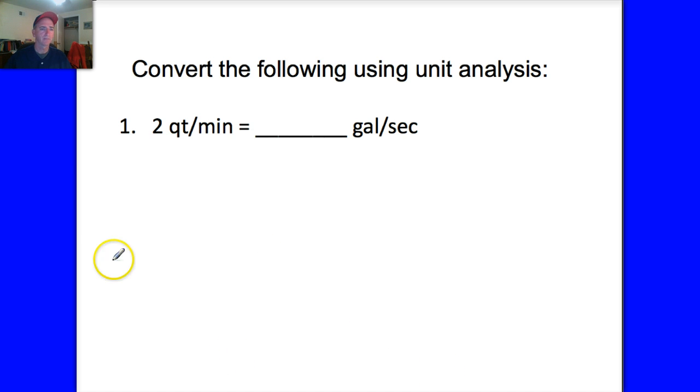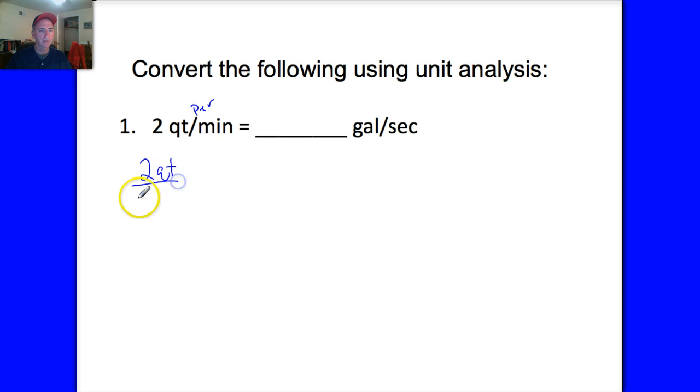Okay, well, we're going to use the same idea of what we did today in class and in the last video. And if you missed that, you need to go watch the last video about unit analysis and how we use the unit labels to solve and make a conversion. So we're going to start out the exact same way we did before. We're going to put 2 quarts. Now this is quarts per. Remember, that means per. Quarts per minute.